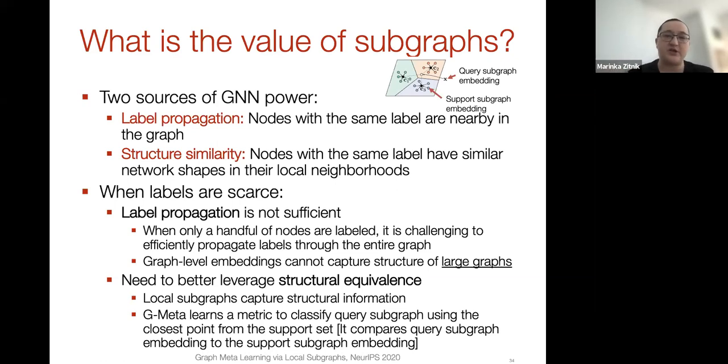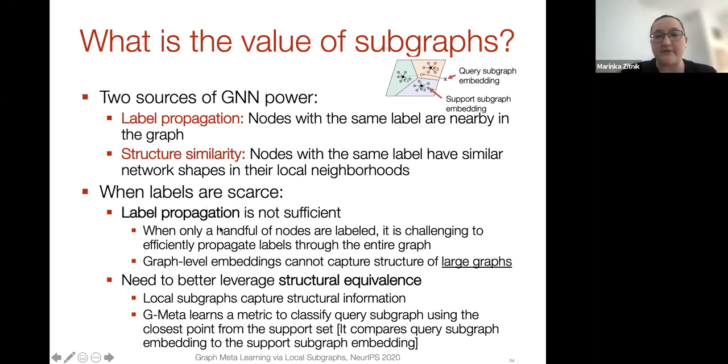The other source of GNN power is structural similarity, meaning that nodes with the same label have a similar network shape, a similar structure of their local neighborhoods. Now, the motivation is that when label data are scarce, label propagation will not be sufficient, and we need to better rely on and leverage structural similarity.